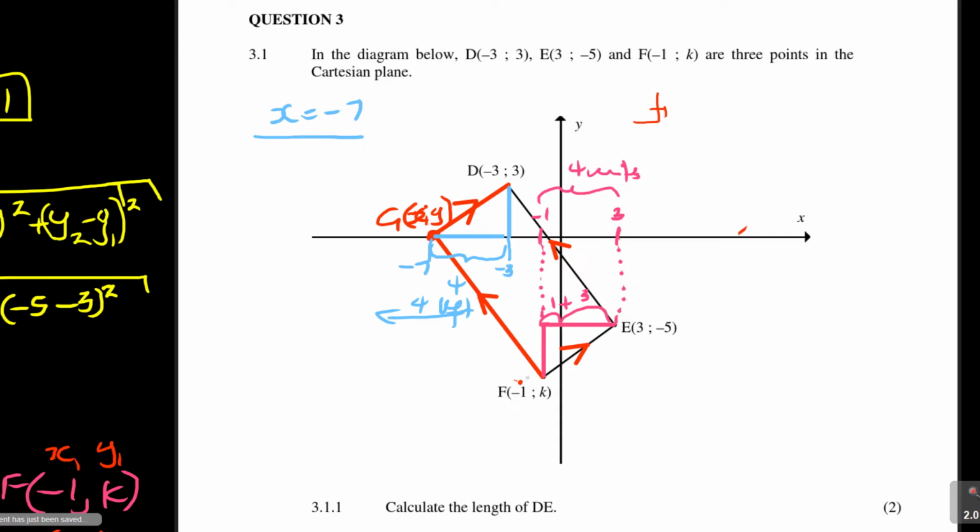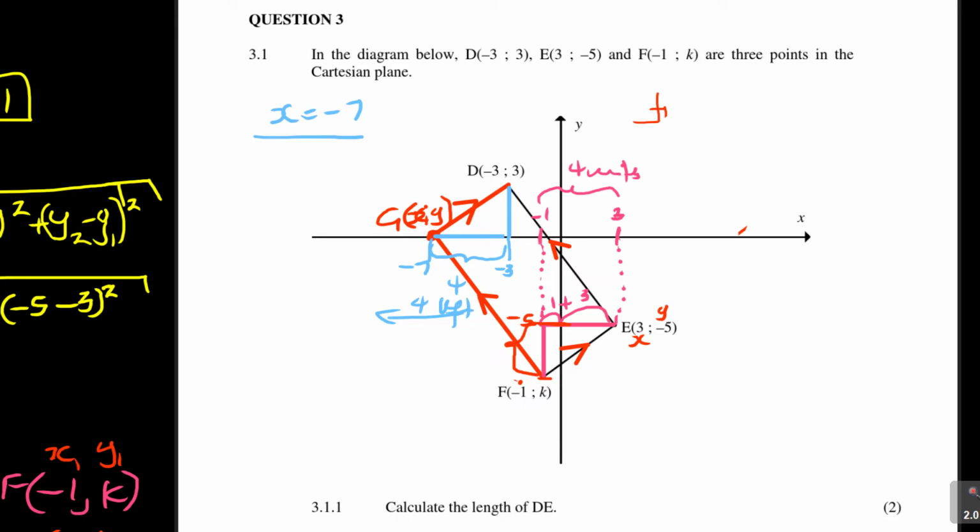So far so good. Now let us look at the y part. I'm following the same approach. You look at this distance from here to there, along the y-axis. This point is 3 and -5, so y here is -5.